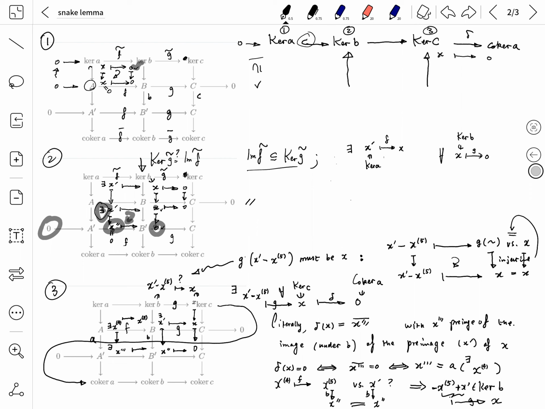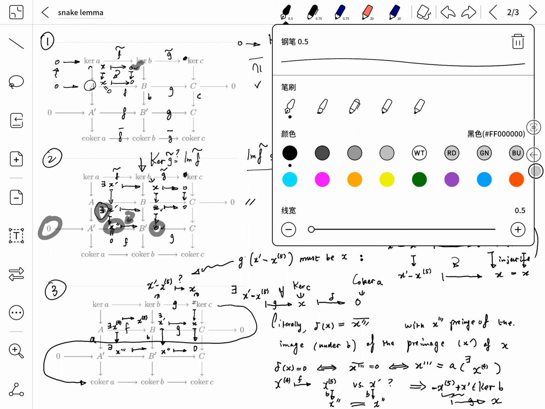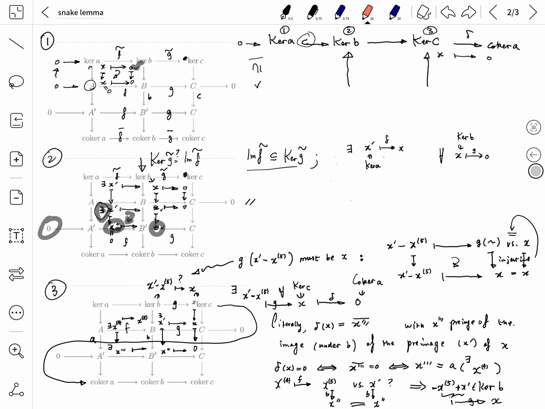And so this tells you that x prime is mapped to 0. And so, kernel equals image tells you that, because this is mapped to 0, this x prime must be in the kernel A. And so x prime is mapped to x.